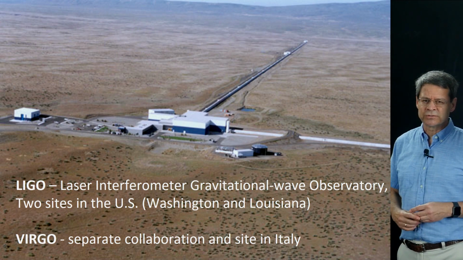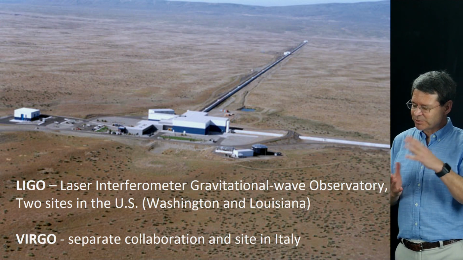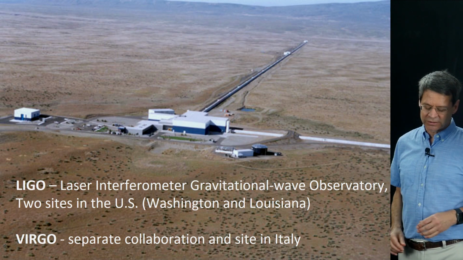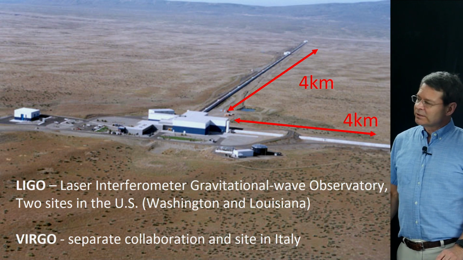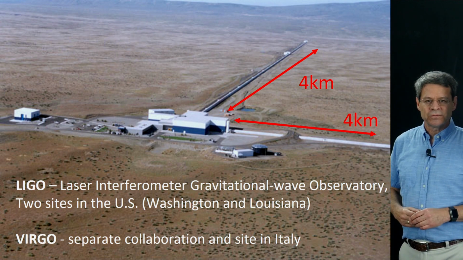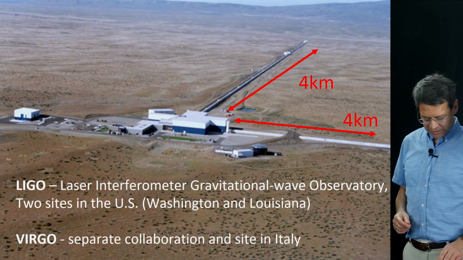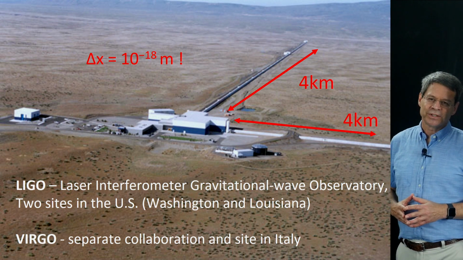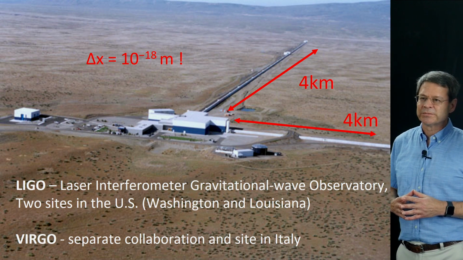For the first discovery, LIGO had essentially the bulk of the data, and there was not much signal in Virgo, but that helped again in confirming this. The length of each arm for LIGO is 4 kilometers in each direction, so it's enormous. And as I said before, we're looking for distortions of only 10 to the minus 18 meters.